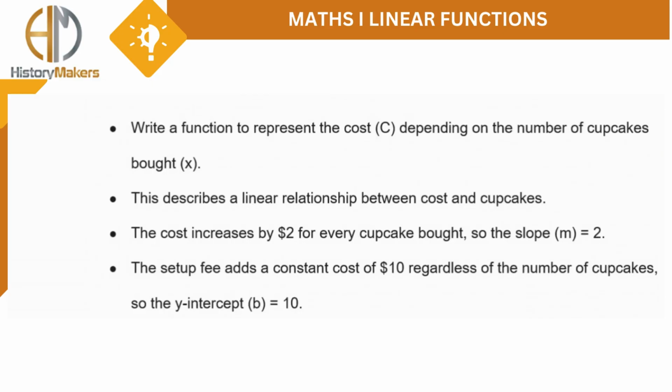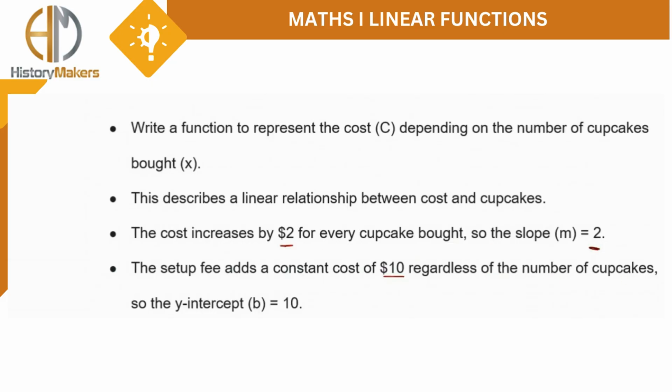The cost increases by $2 for every cupcake bought. So the slope is 2. So it's a constant increase of $2. The setup fee adds a constant cost of $10 regardless of the number of cakes.